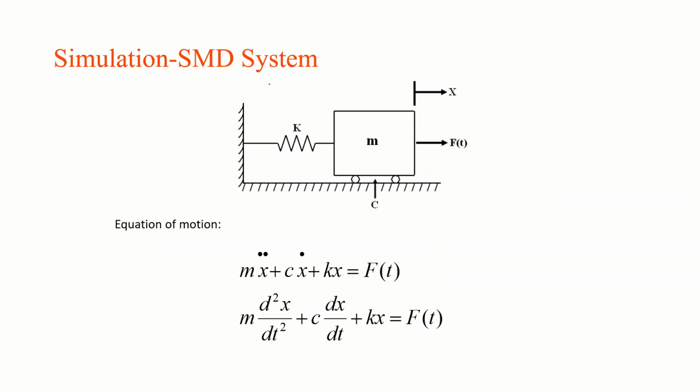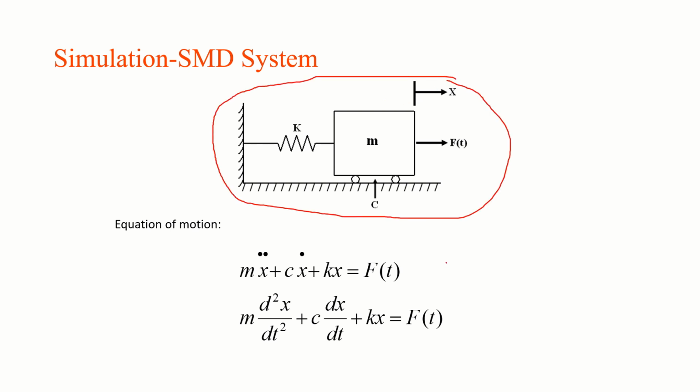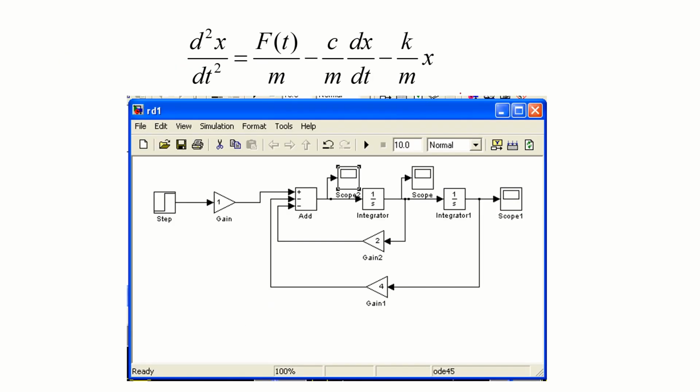Now let us simulate a simple second order system on Simulink. I think this I have already done, and how to create the Simulink model also I have explained. And now you know what is a step input.